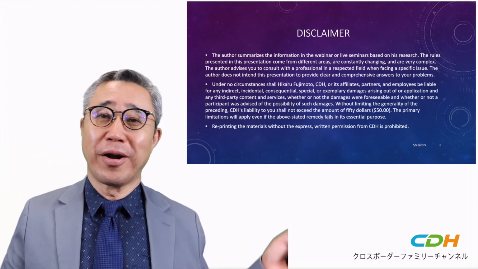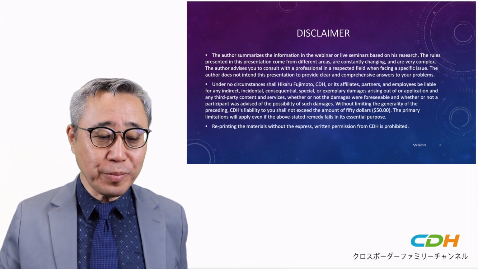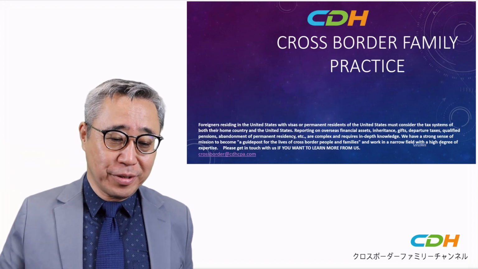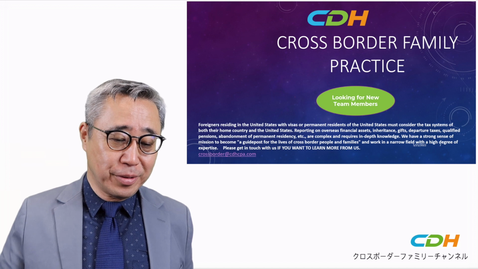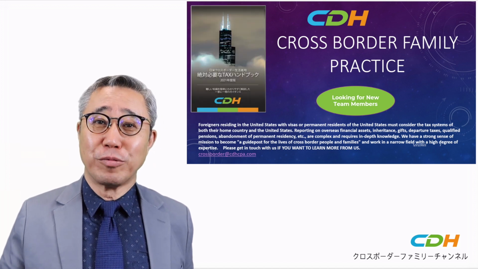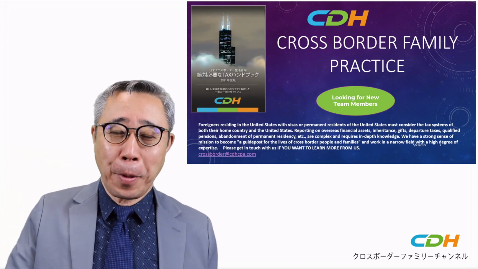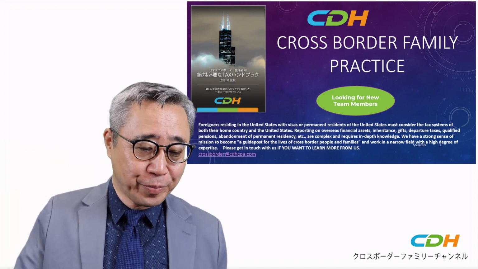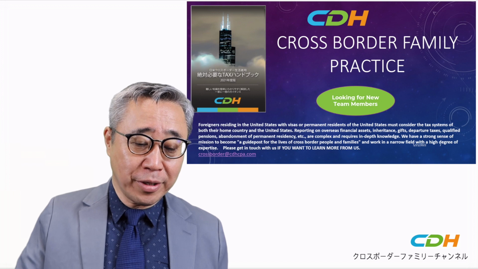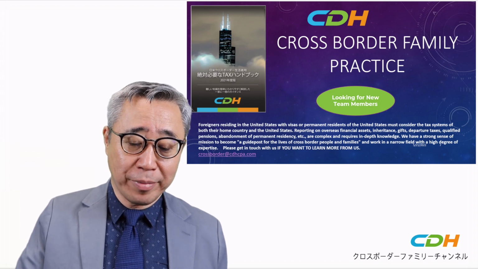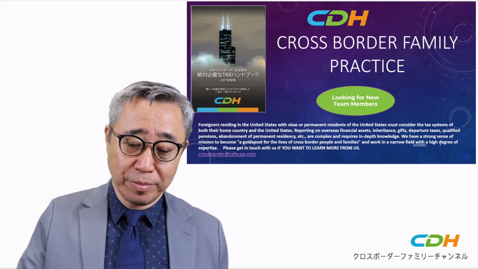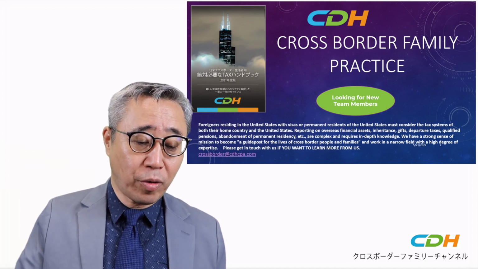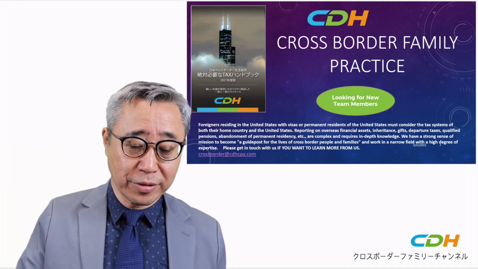And this is our disclaimer. And this is a cross-border family practice. I am going to read the few sentences at the bottom. Foreigners residing in the United States with visas or permanent residency must consider the tax system of both their home country and the United States.